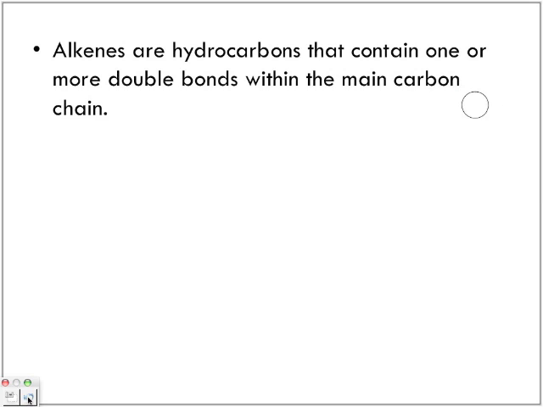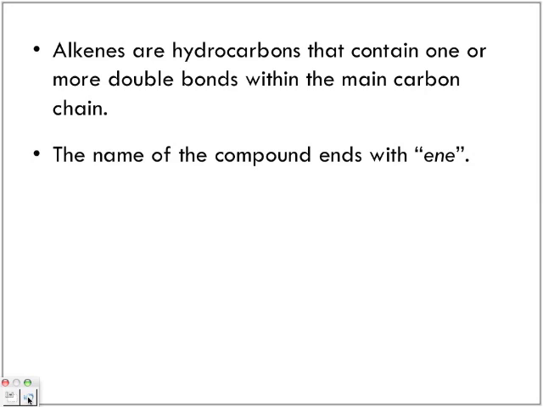But ethane can become ethene. Propane becomes propene. Pentane becomes pentene. The name of the compound ends in ene. That's the hint, and that's the variation. So the ene ending is found in these alkene hydrocarbons.